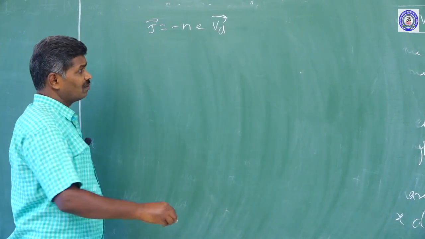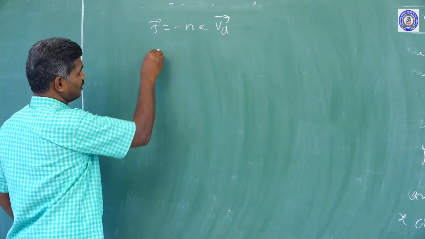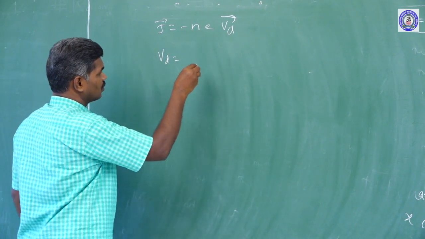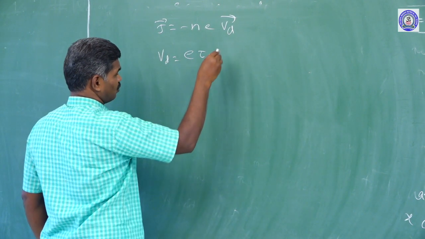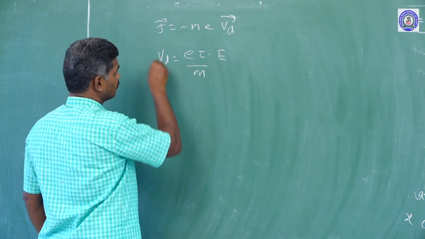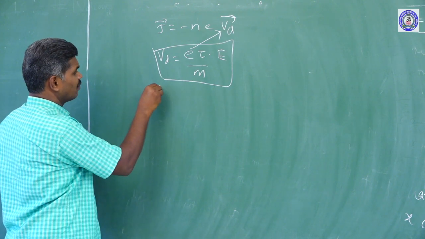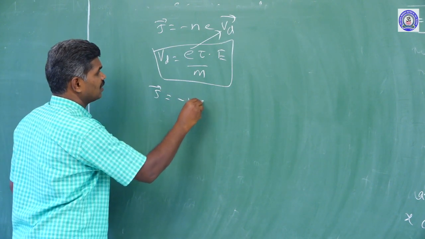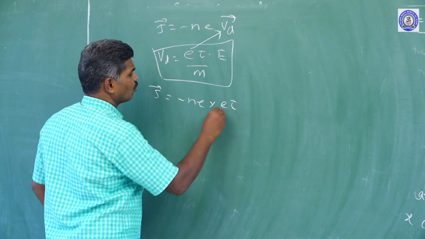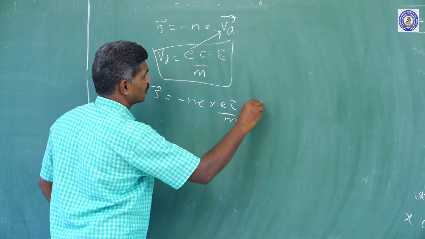We know the drift velocity value based on acceleration: Vd is equal to e tau into E by m. If you substitute this value, J vector is equal to minus n e into e tau by m into E vector.